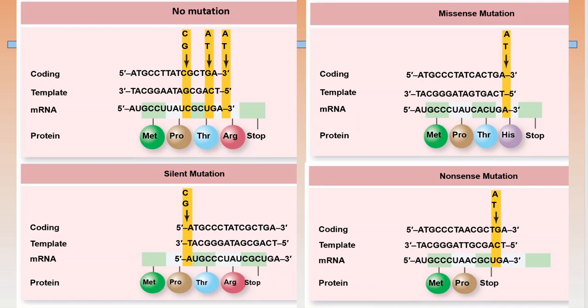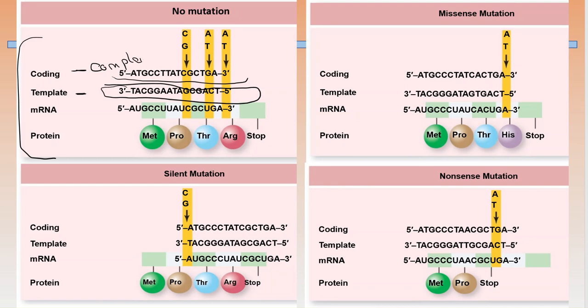So this first one is showing you a DNA code. This is your template DNA code. This is your template, as you can see here. And this is going to be your complementary DNA. Your RNA molecule is made from the template, and you can see here that RNA molecule that is made.